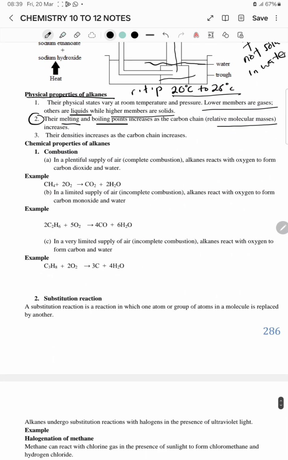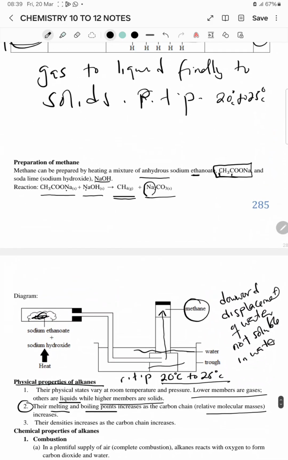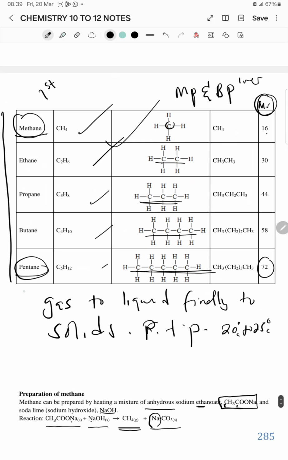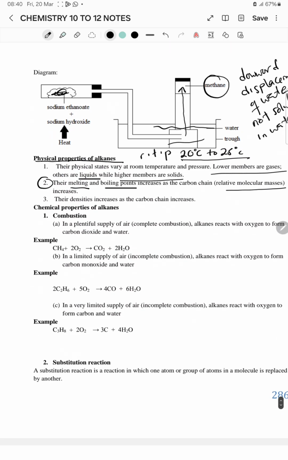Then we look at physical property number 3. Their densities increase as the carbon chain increases. So pentane again is denser. According to the table here, pentane is denser than methane, ethane, propane, and butane, because as the carbon chain increases, the density also increases.